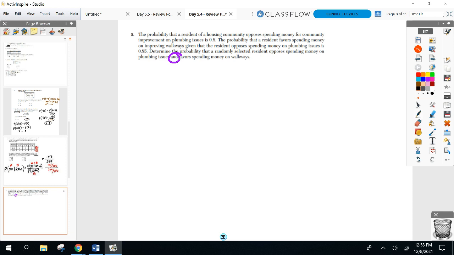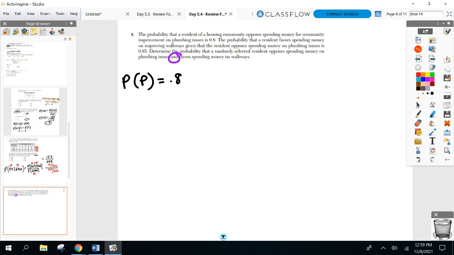What's the 0.8? A resident of a housing community opposes spending money on plumbing. How do you want to write that? I just wrote P plumbing. Yep, I did that before. So that's the plumbing one, right?